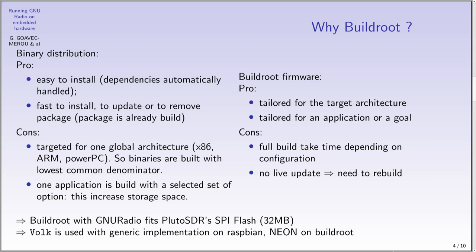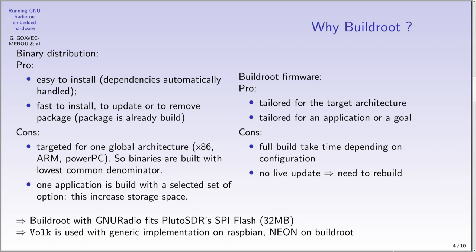With Raspbian, Volk can't be optimized with the floating point unit available on the ARM processor, on the Broadcom processor, because this distribution may be used for Raspberry Pi 1, 2, 3, 4, and consequently is generic. Neon may be used with BuiltFruit with better performance, around 6 times better than a generic implementation.